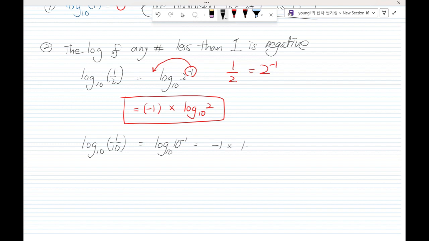Minus 1 multiplied by log base 10 of 10. Log base 10 of 10 is one of the properties of the log. That is 1. Minus 1 multiplied by 1 is what? Minus 1. That makes sense?